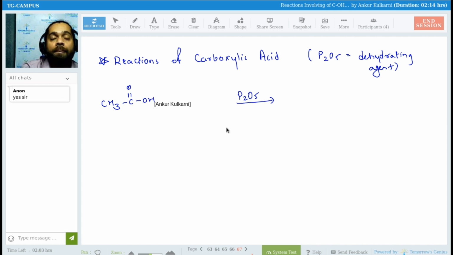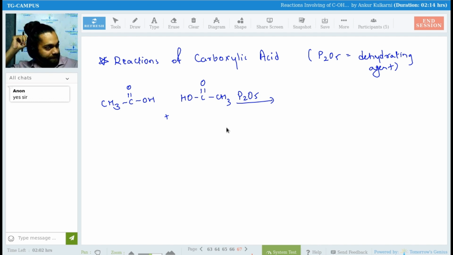Now in the exam, they may not give you two molecules together, but even if I give you one molecule, it is assumed there are multiple molecules.